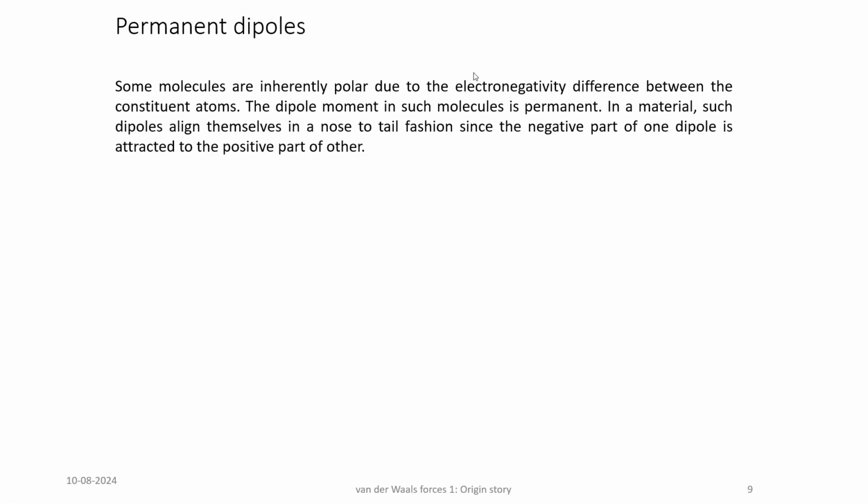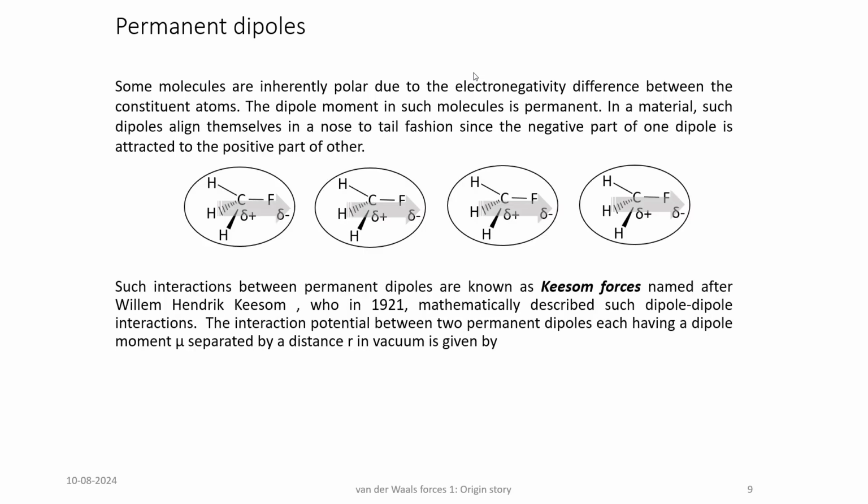Next is the permanent dipoles. It is written that some molecules are inherently polar due to the electronegativity difference between the constituent atoms. Suppose water. This portion is always negative and this side is always positive.